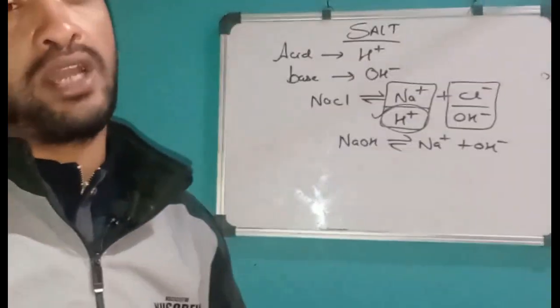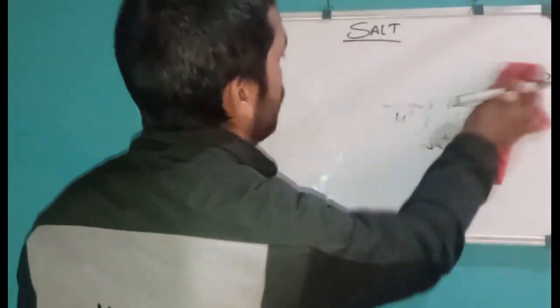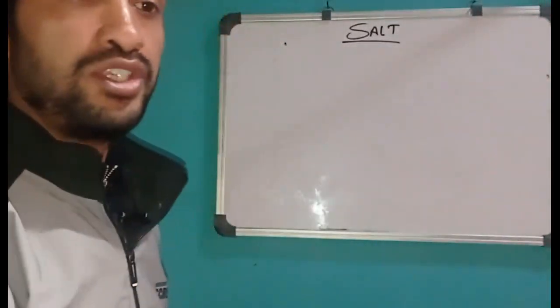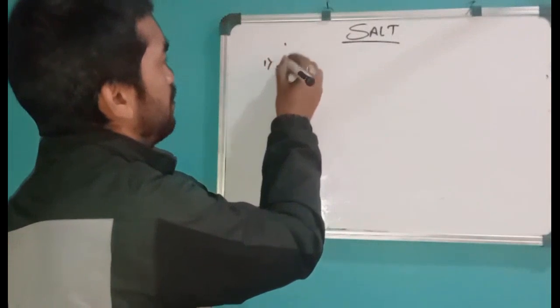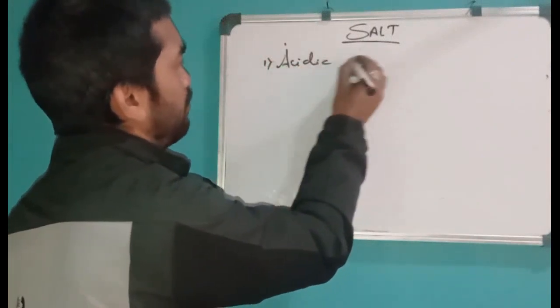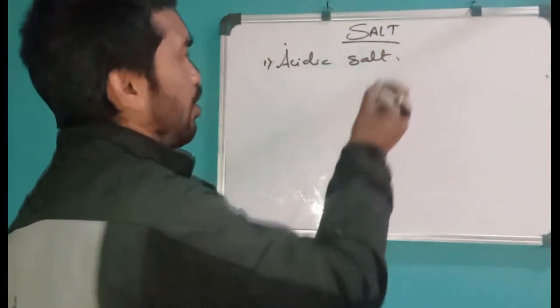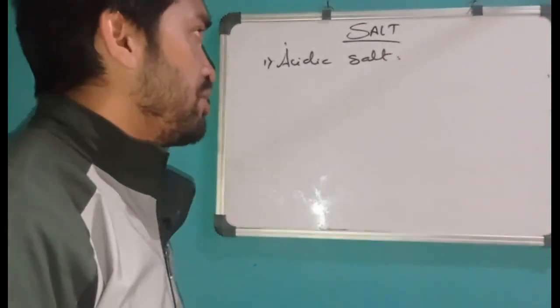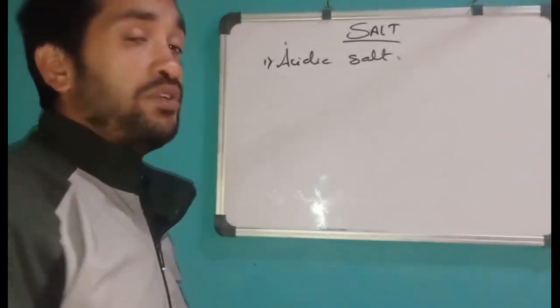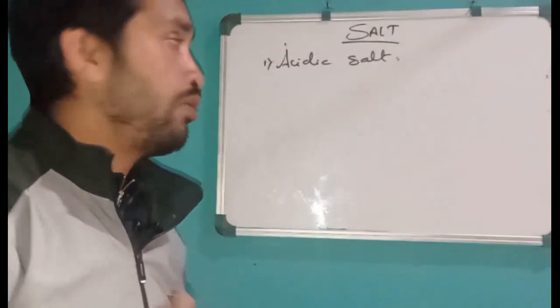Now let us move on to the types. What are the types of salt? See, the first type according to your syllabus is acidic salt. I hope the word is giving you some information about this salt. Acidic salt means which will be acidic in nature. How?